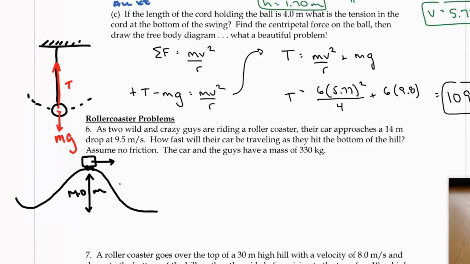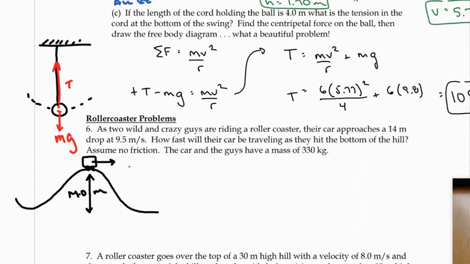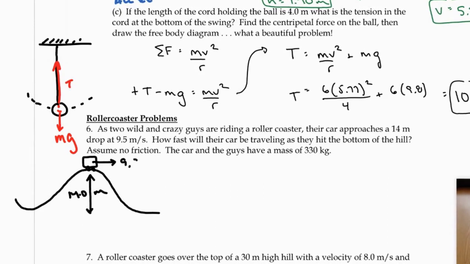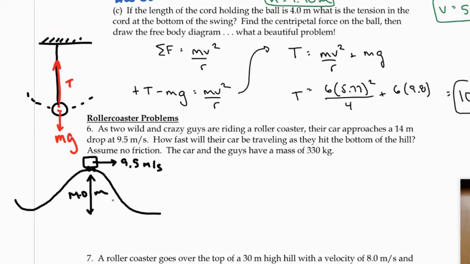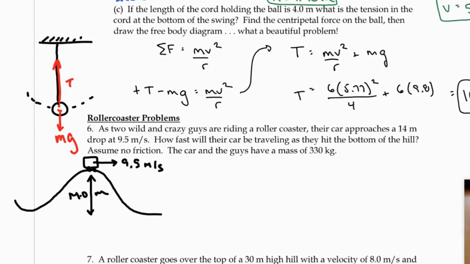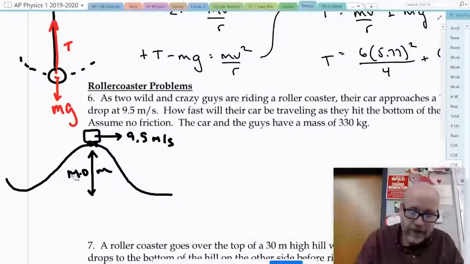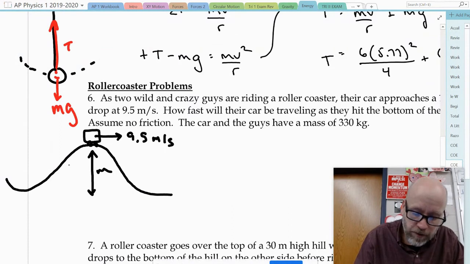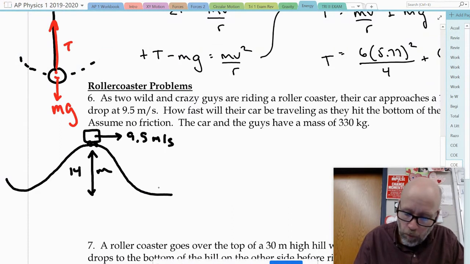Now, it says a 14-meter drop. So I'm going to say that it's at the top of that drop that it's traveling at 9.5 meters per second. What would be the velocity at the bottom of the hill?